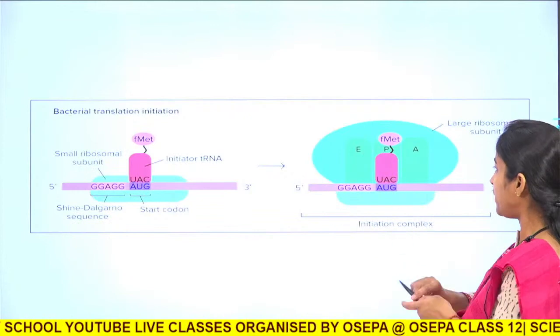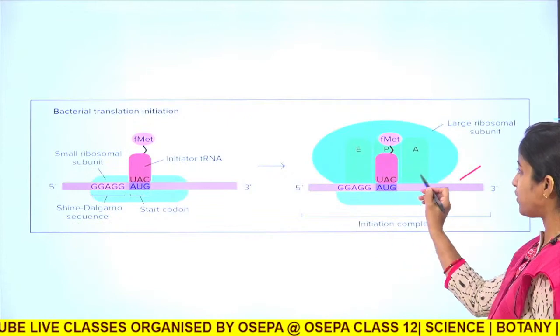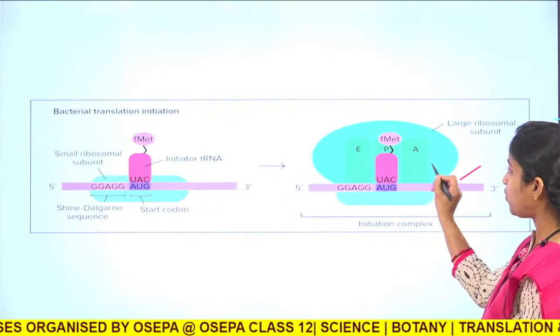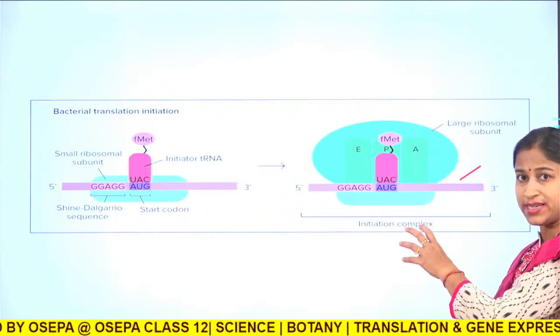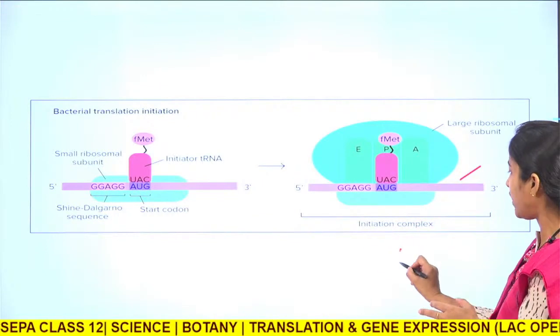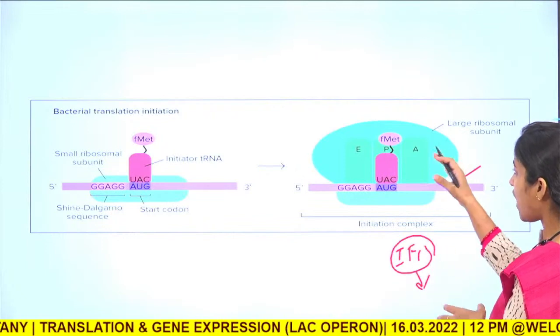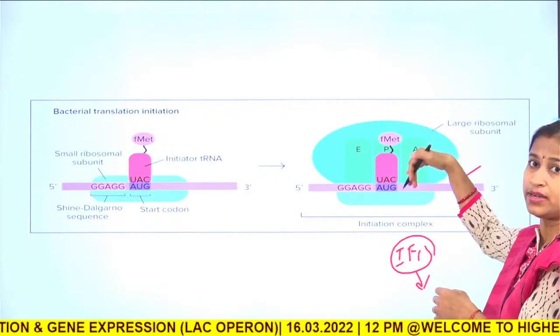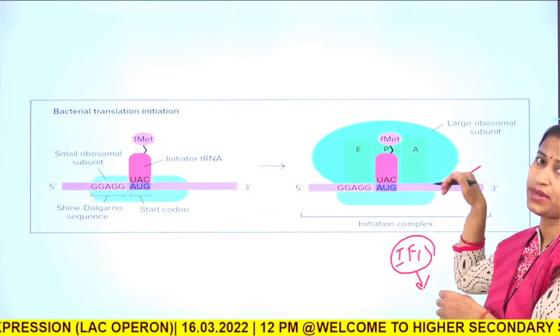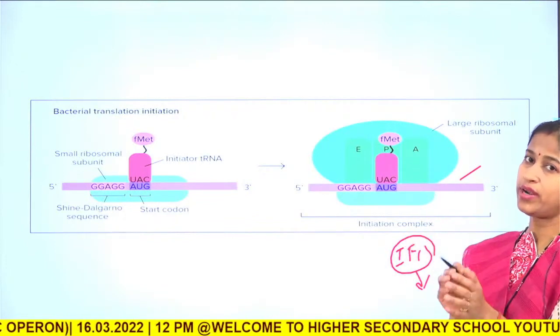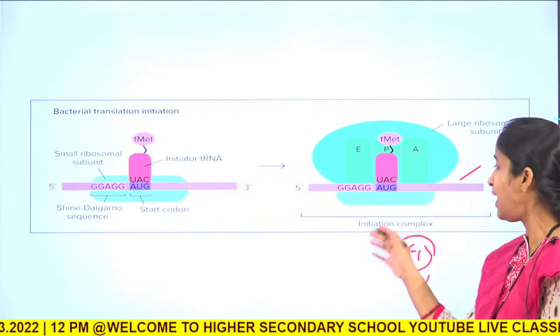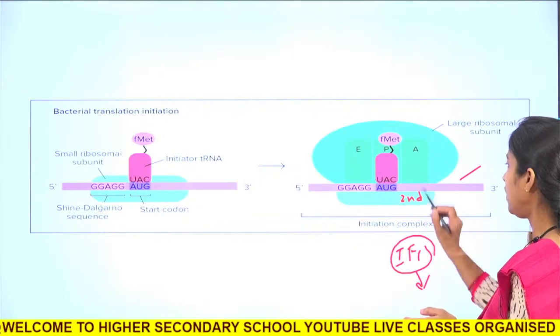So, this is the formation of the initiation complex, and you see there is a free amino acid site which is ready, and here the IF1 does not bind, all is released. So, now it is ready to bind a freshly incoming tRNA molecule loaded with the respective amino acid as per the second codon.